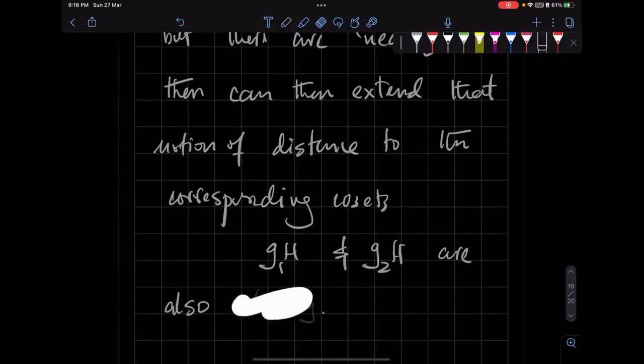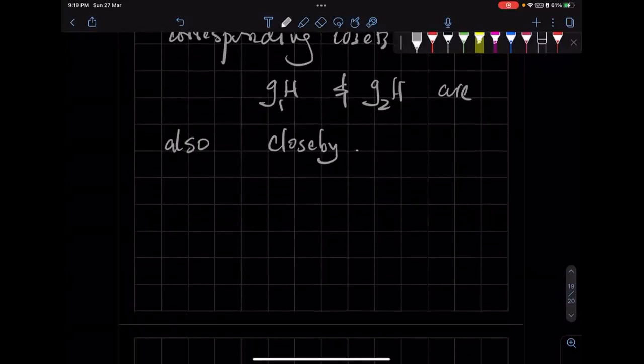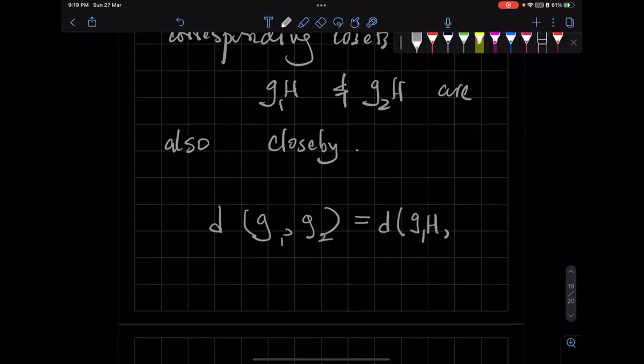Okay, basically what we are saying is if there is some notion of distance between G1 and G2, and they're not in the same coset, then we can say, why don't we define the same notion of distance between their corresponding cosets?